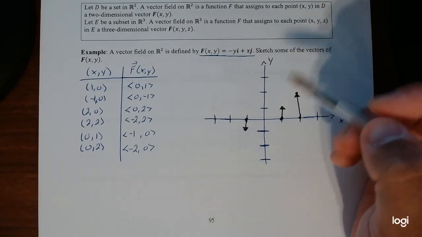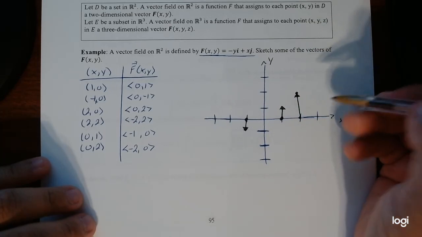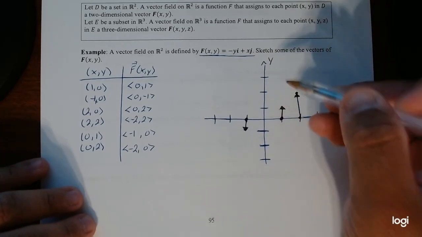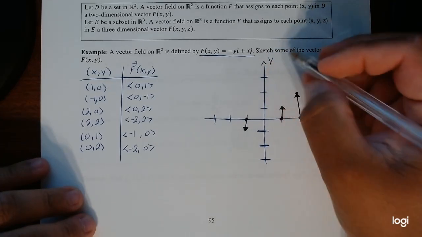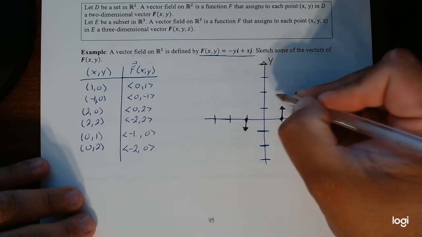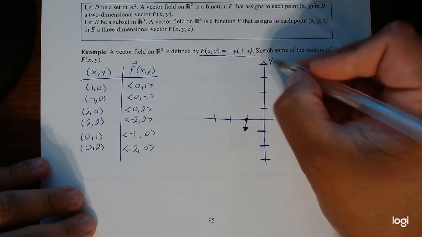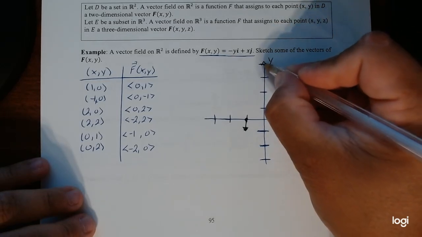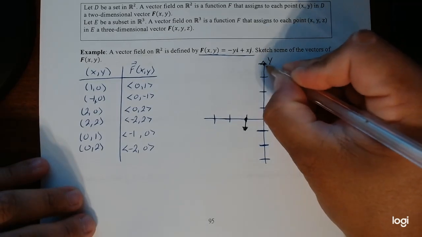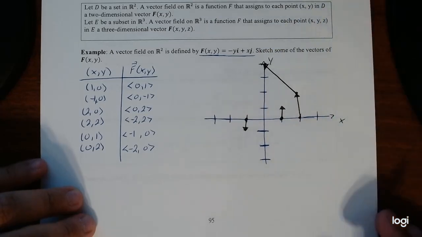This one's going negative 2, 2. So I go 2 on the negative side of the x, and then I go up 2. Right there. There we go.